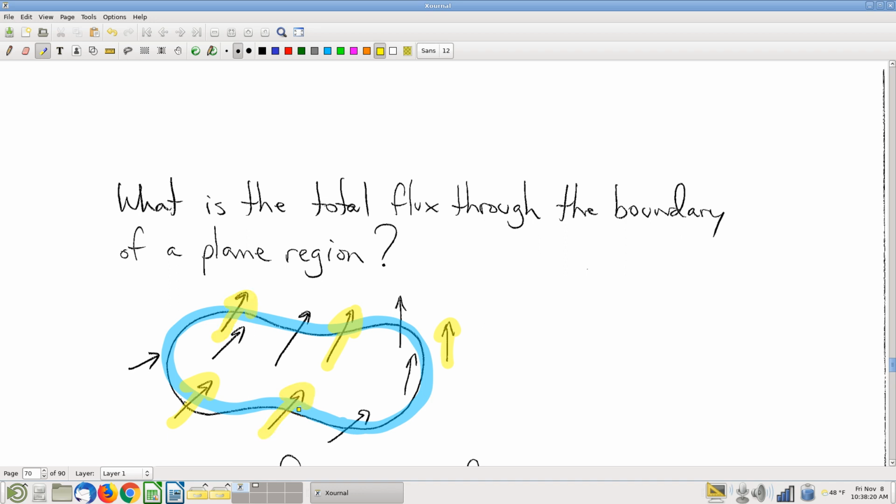And maybe we want to know the grand total: how is the total population of birds in our little region changing? To some extent, birds are leaving the region by crossing the northern boundary, but to some extent they're entering the region.